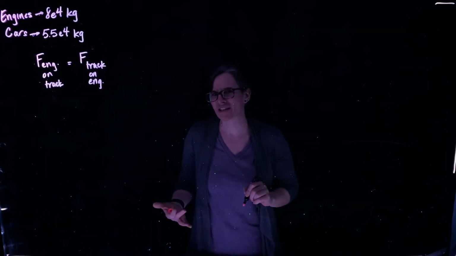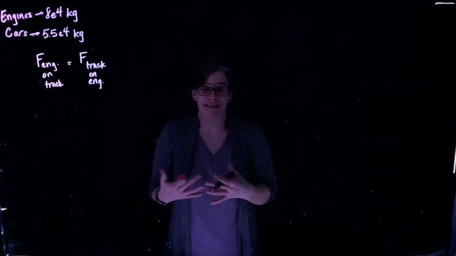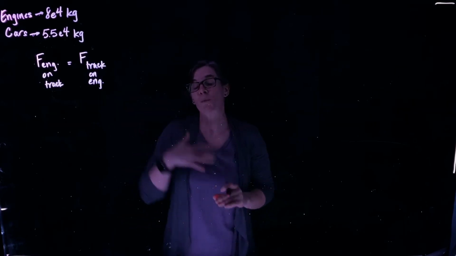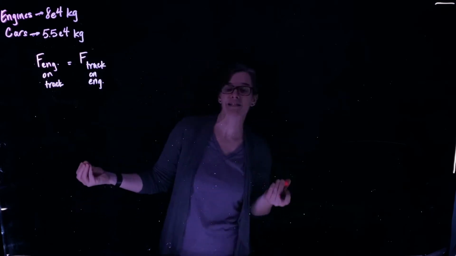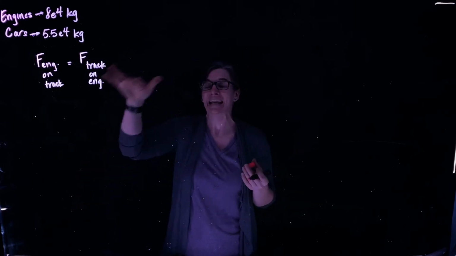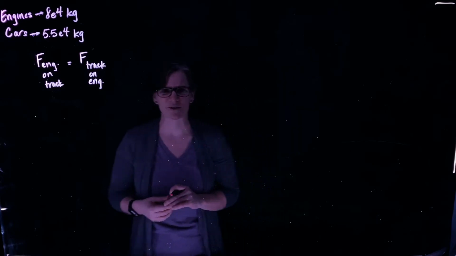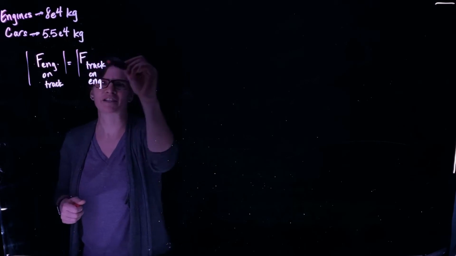Well, the motion information that we have is about the train and the force, therefore, that the train feels. And so we need to recognize that the force the engines exert on the track is related to the force that the train feels. And it's equal in magnitude and opposite in direction. So this is the magnitude relationship.